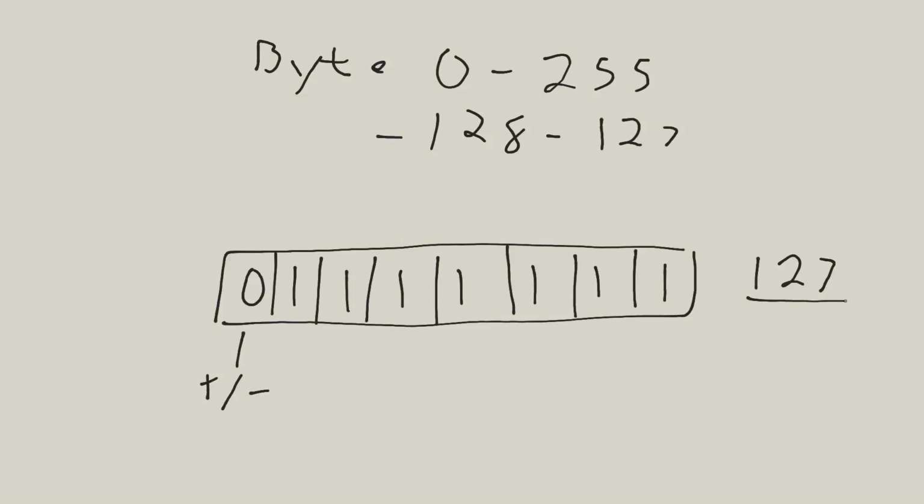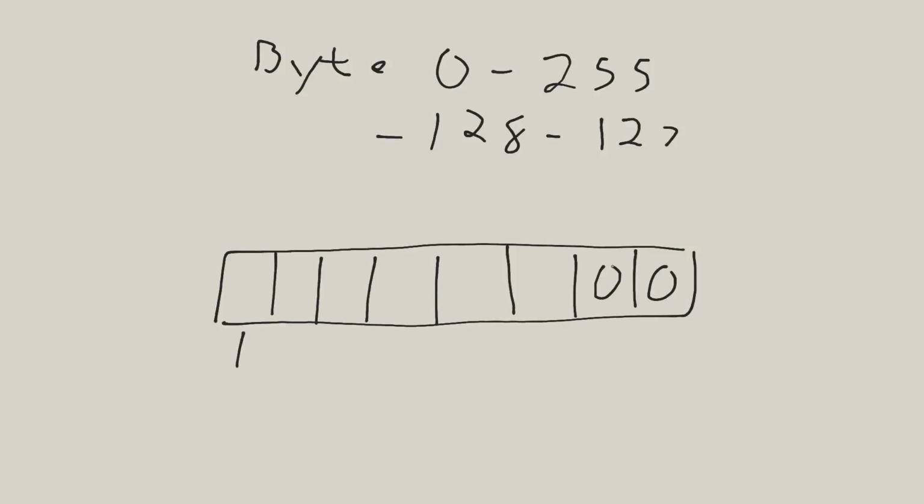But if we add 1, all of these guys become zeros, except this one. We have a bit to carry over to. It becomes 1, and now all of a sudden we have negative 128.